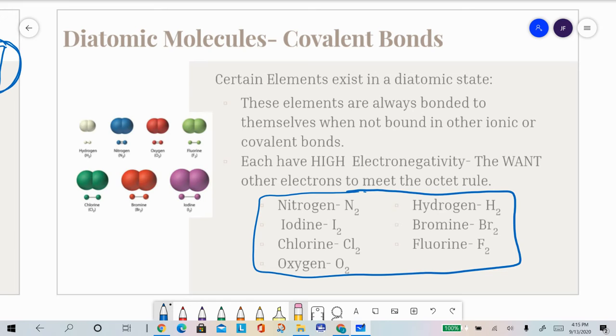So nitrogen, iodine, chlorine, oxygen, hydrogen, bromine, and fluorine are all highly electronegative, except for hydrogen. But the rest of them are very highly electronegative, so they really want those other electrons to meet their octet rule. So when they're in contact with each other, they will always travel as a pair.